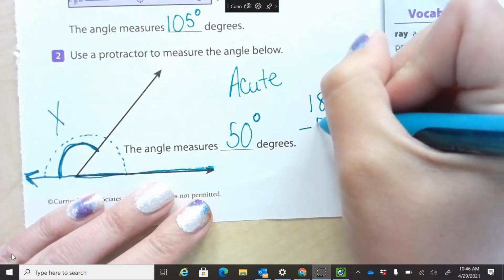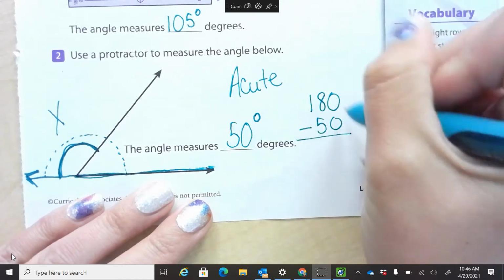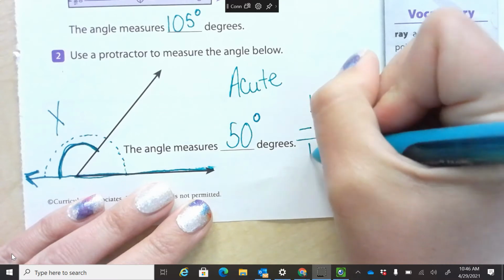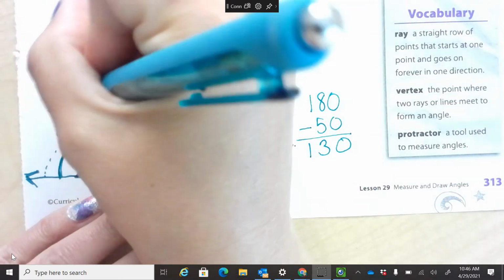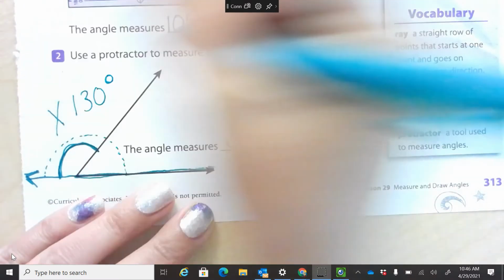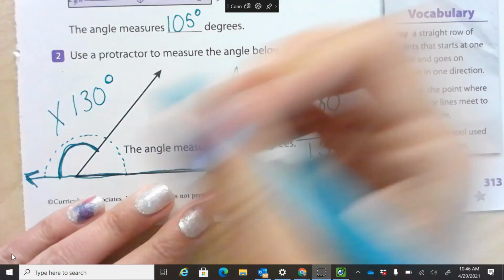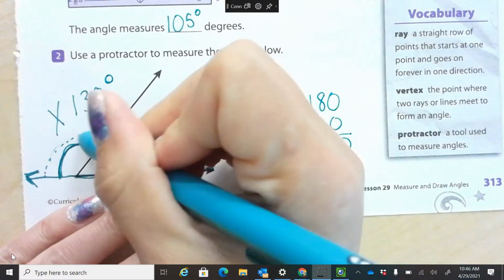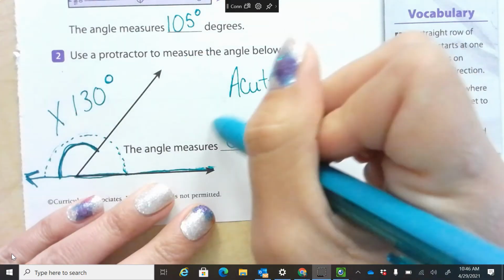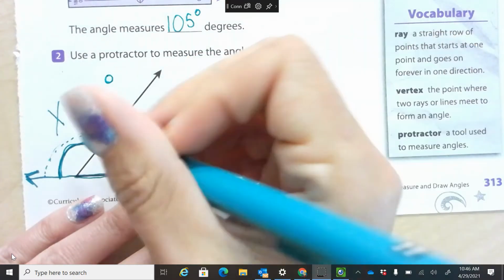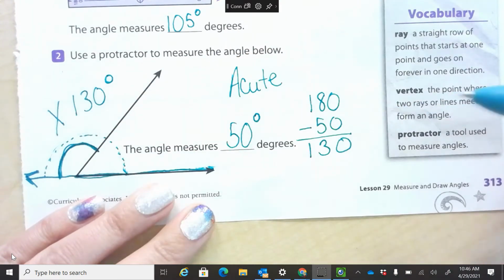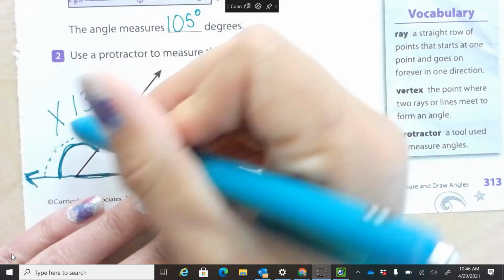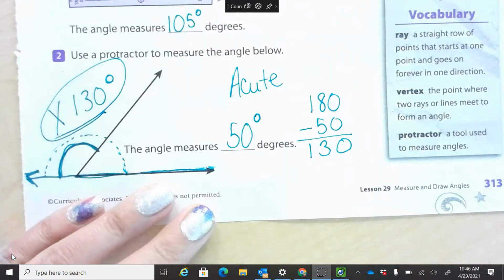Yeah. So the measure of x is 130 degrees. Because again, this whole thing is 180, and we know part of it. We know this part, which is 50. So we subtract the difference of 180 and 50 to find that the measure of angle x is 130.